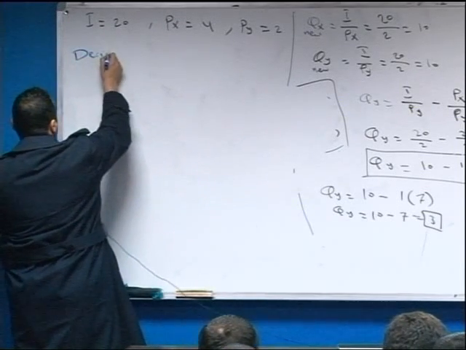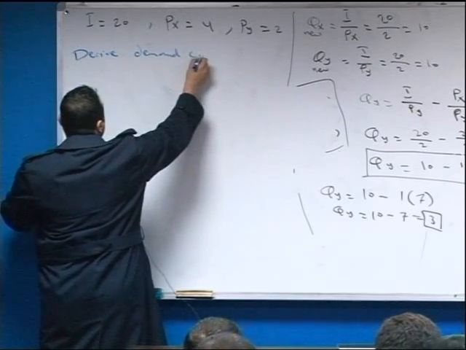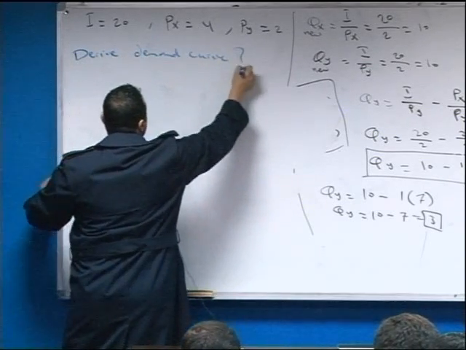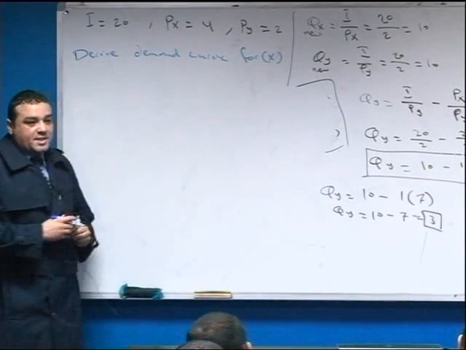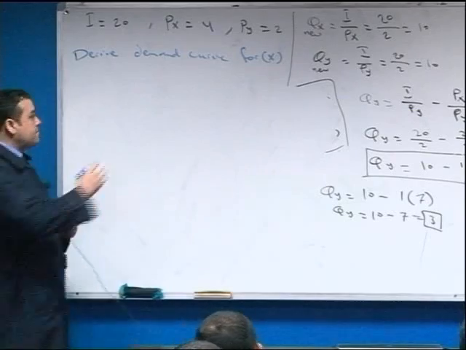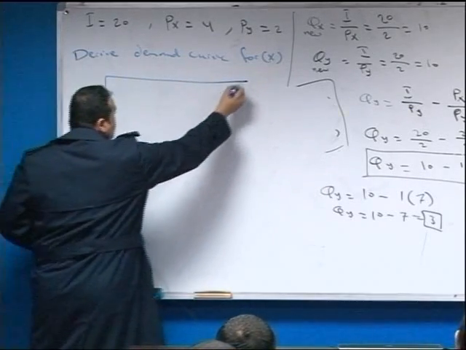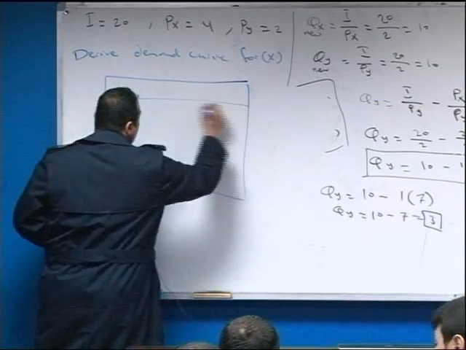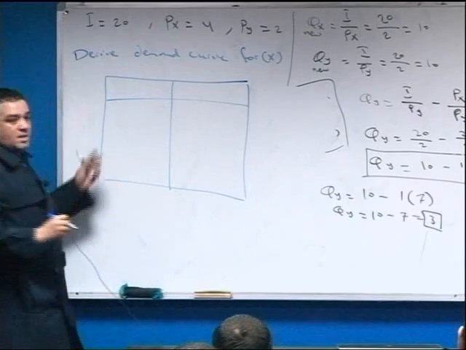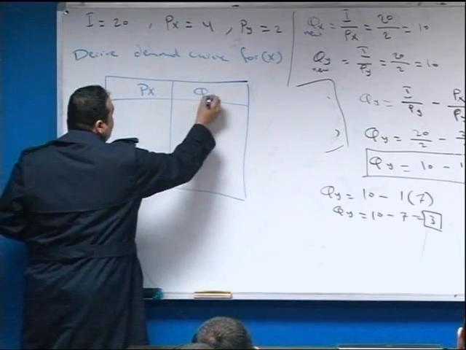So to derive the demand curve for the product X, we must have different points for the product, the prices of product X and the quantity demanded for the product X.